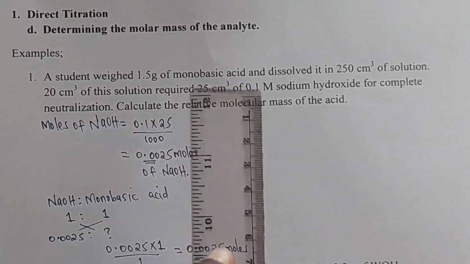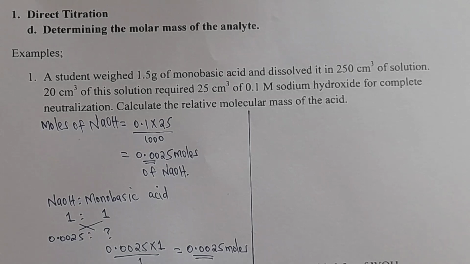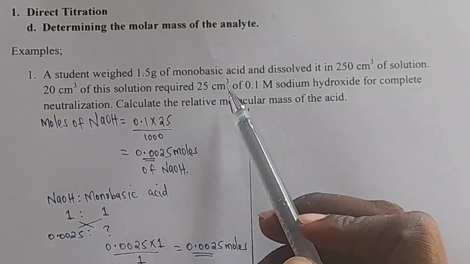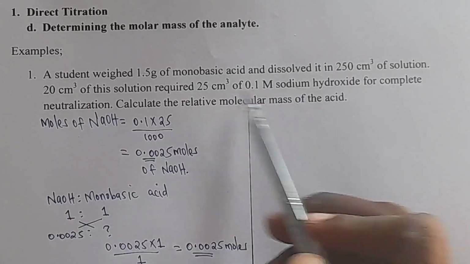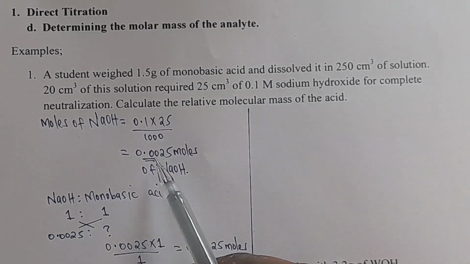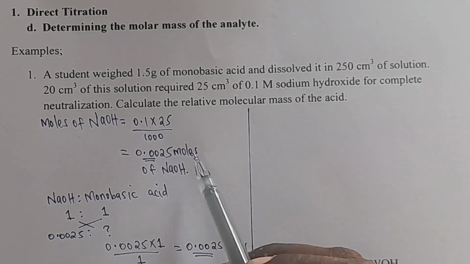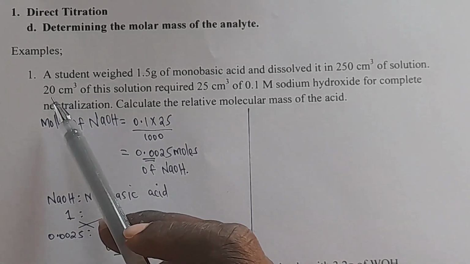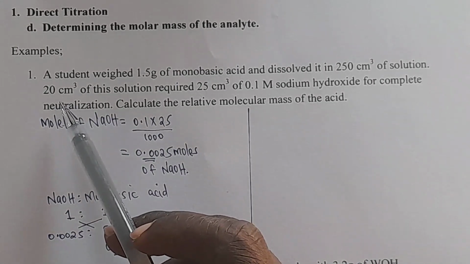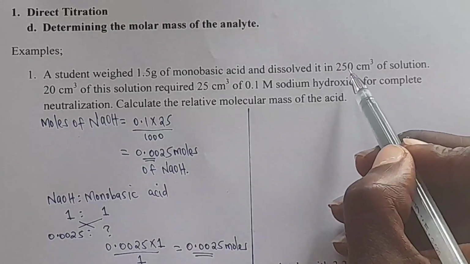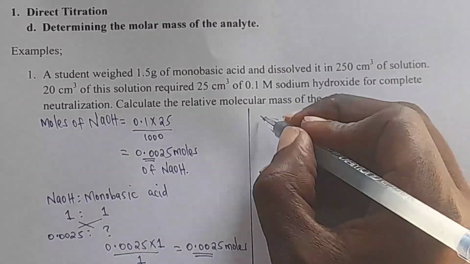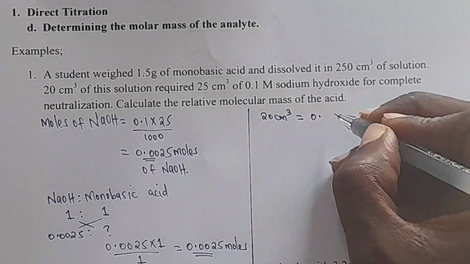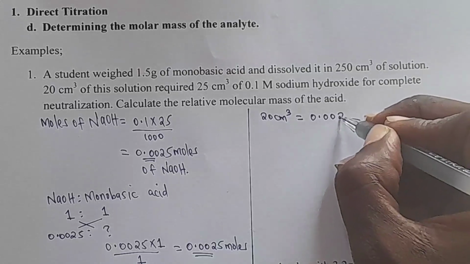To go back to the information, check here: we are given 20 cm³ of this solution required 25 cm³ of 0.1 molar, whose number of moles we have gotten as 0.0025 moles. That means this number of moles of the monobasic acid is contained in 20 cm³ of solution as its volume. So we ask, what about 250 cm³ of the monobasic acid? 20 cm³ of the monobasic acid contains 0.0025 moles.